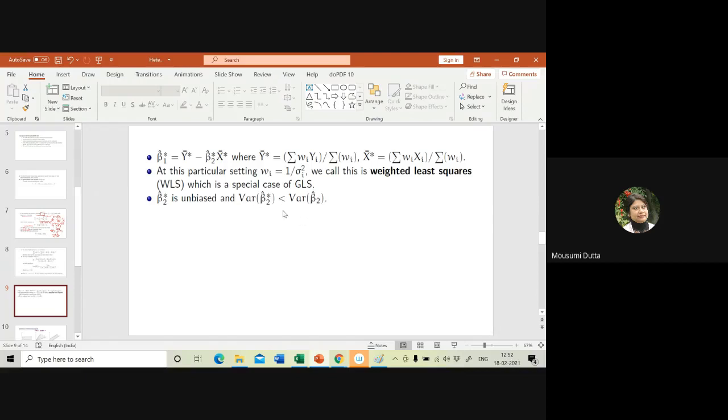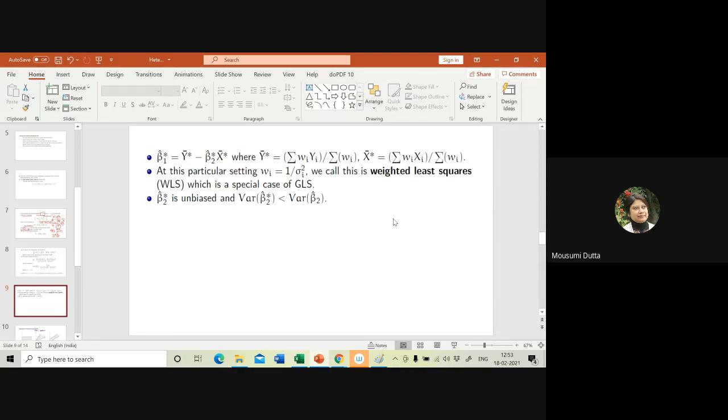Actually, this is the GLS estimator, this is the OLS estimator. So consequences done, remedy done. Okay, or what will be the technique of estimation, etc.